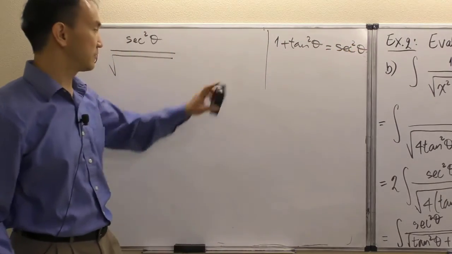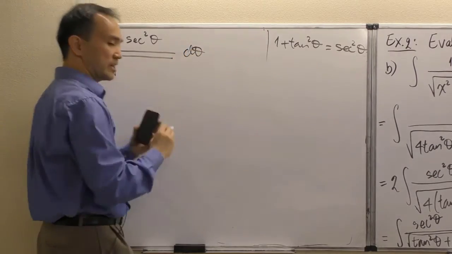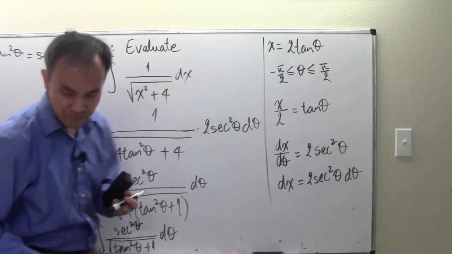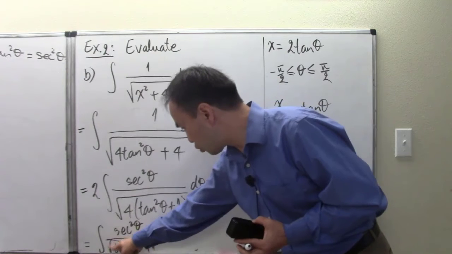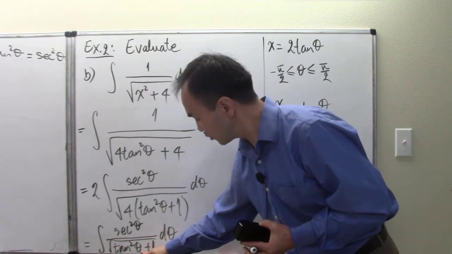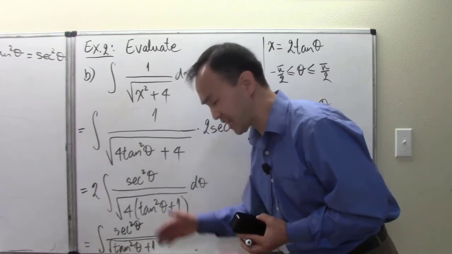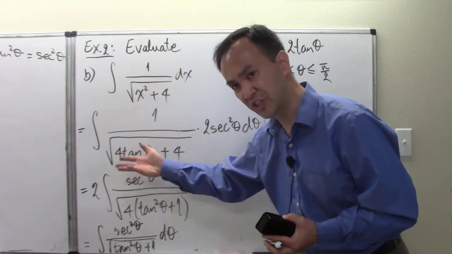So the denominator here has the square root of tangent square plus 1, but tangent square plus 1 has to equal secant square.